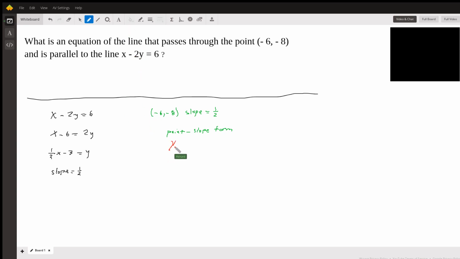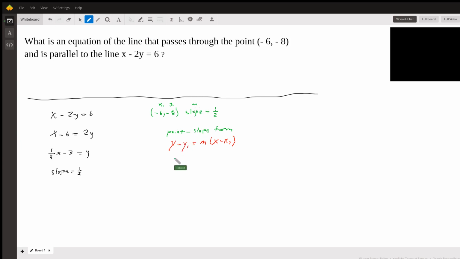So it's y minus y1 equals m, which is the slope, x minus x1. And you can see, I'm going to label it up here just so we don't confuse ourselves. That's x1, y1 up here, and of course this is m here.